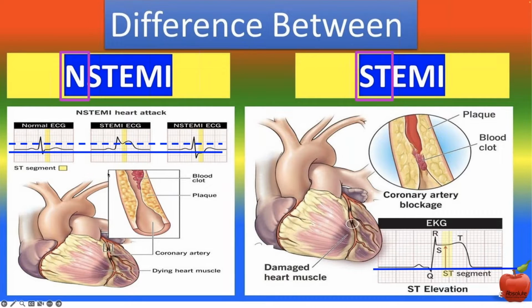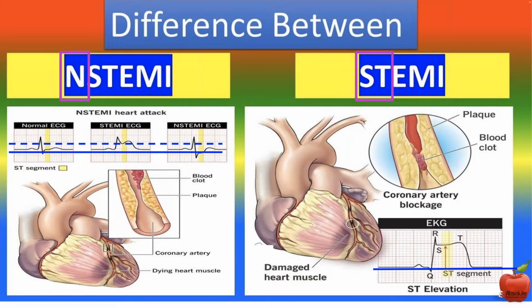And the STEMI is more severe because an NSTEMI is caused by a block in a minor artery versus the STEMI, which is a block in a major artery. Now, just by virtue of the major versus minor, that tells you the severity of the two.